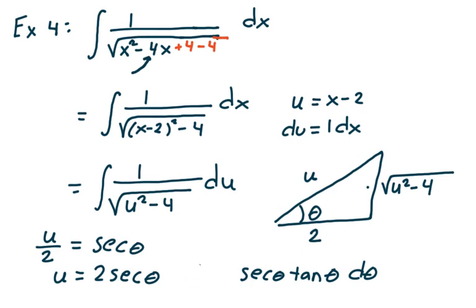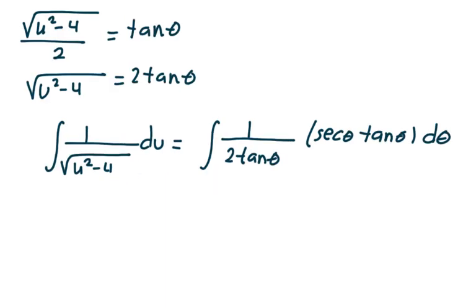What did we miss? So du is 2 secant theta tangent theta d theta. And we just put in the 2. And so when we go to plug it in, I want to put that extra 2 in. So I'll put that right there.